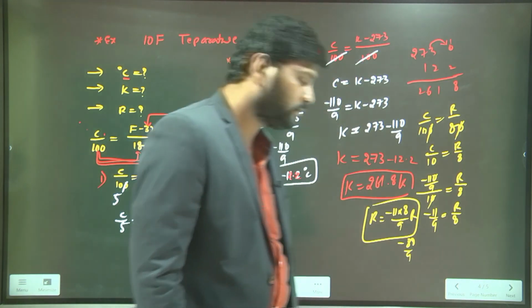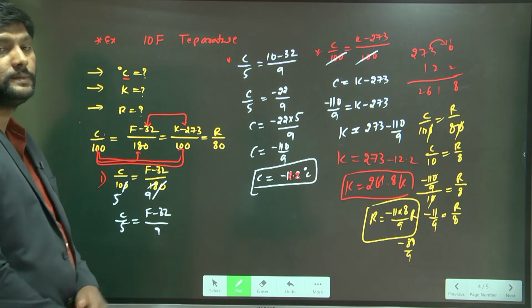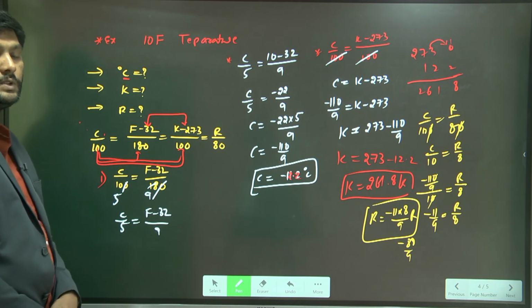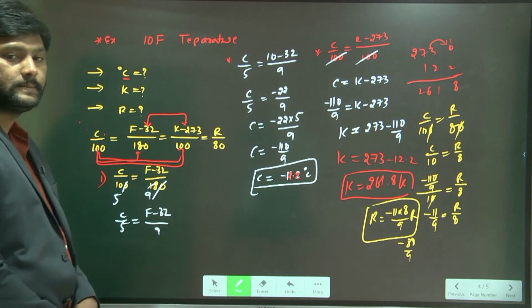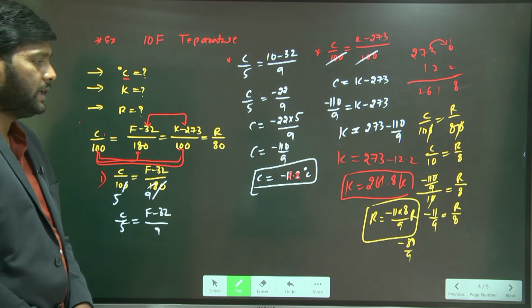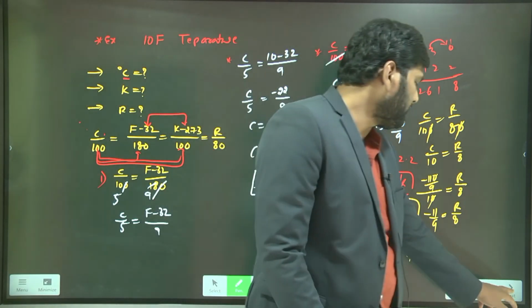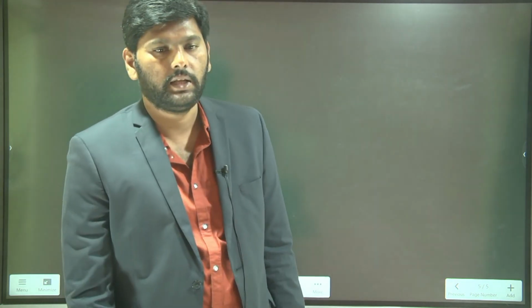Now let's do our body temperature once for all the cases. What is the normal human body temperature? 98 Fahrenheit.